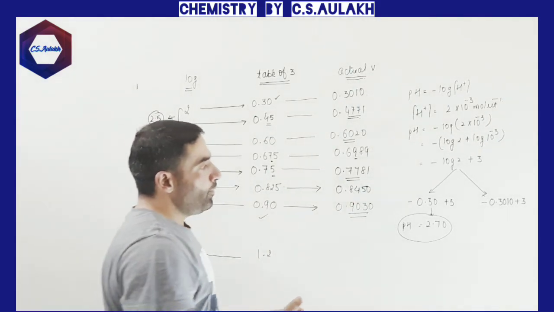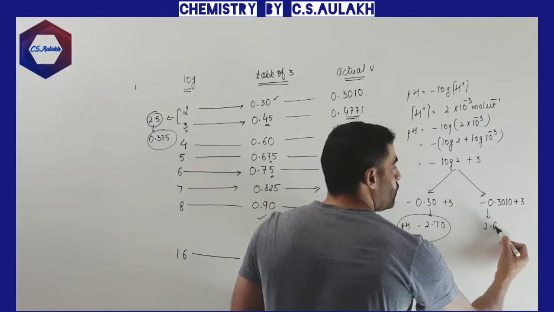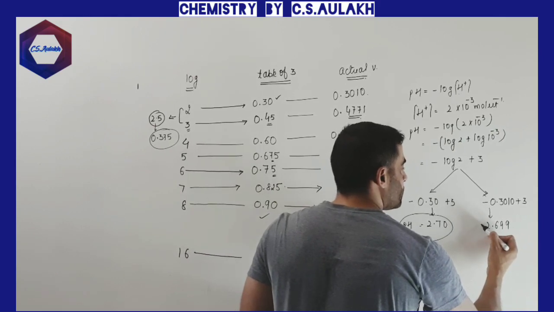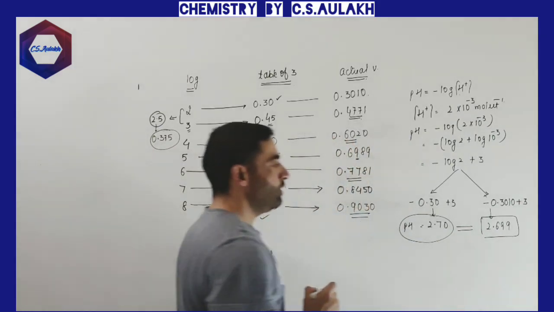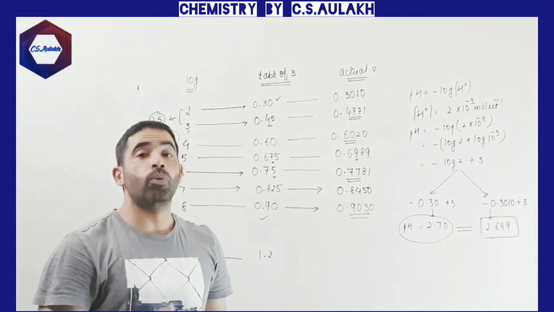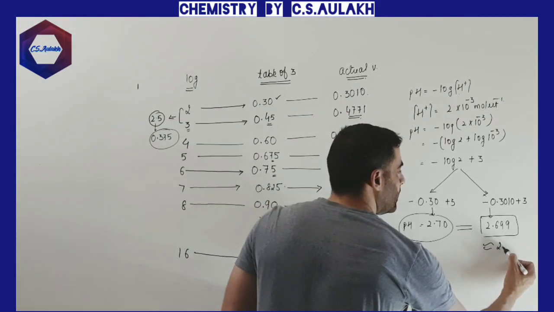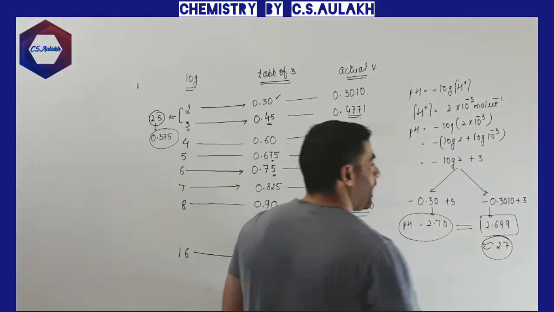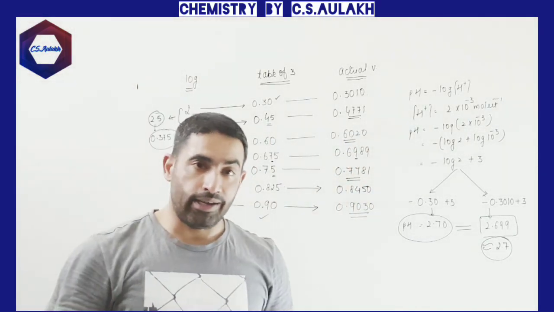If we are using the actual value from the log table, the answer will come out 2.699. If we compare these two answers, on one side it is 2.7, on the other side it is 2.699, which can also be written as nearly equal to 2.7. So we can say there is very little difference in the answer, which can be neglected here.